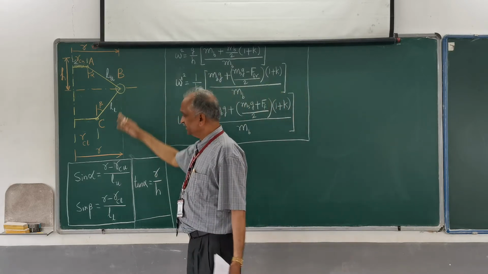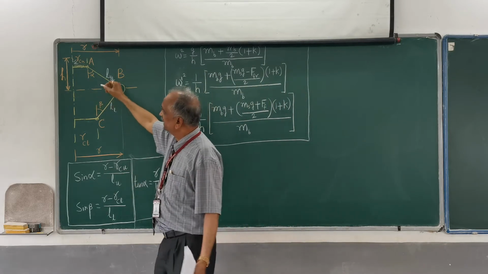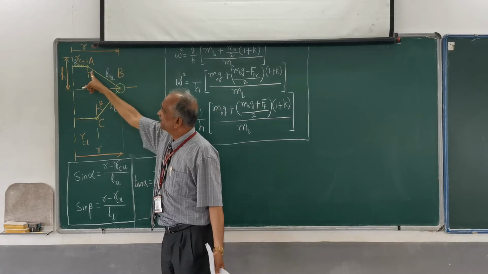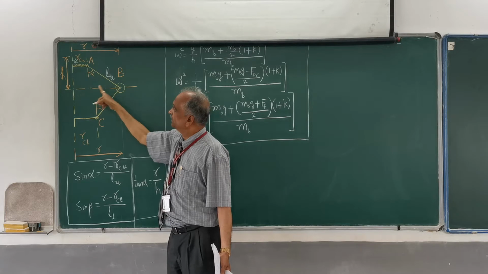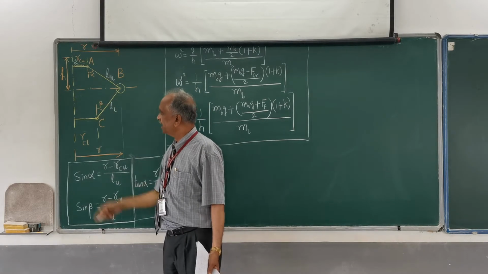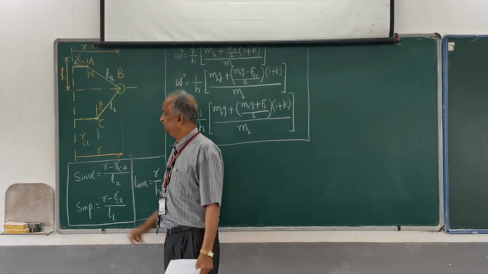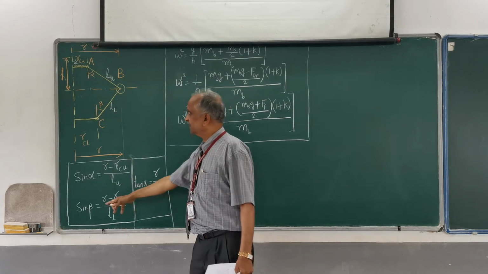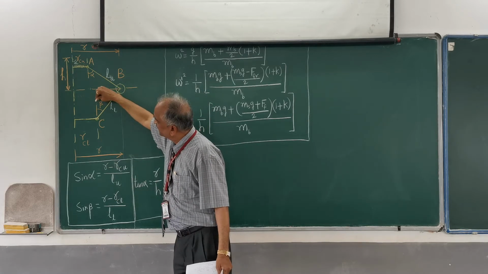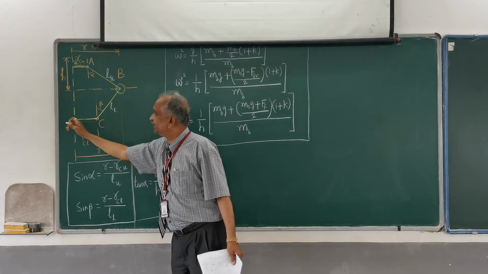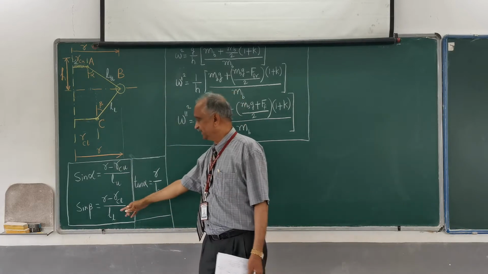Before I proceed, just a relationship here. Sin alpha, for example, if I make use of this triangle, sin alpha is equal to this value, which is nothing but radius minus RCU, that is (r minus RCU) divided by LU. Similarly, sin beta is equal to a similar relationship, (r minus RCL) divided by LL.